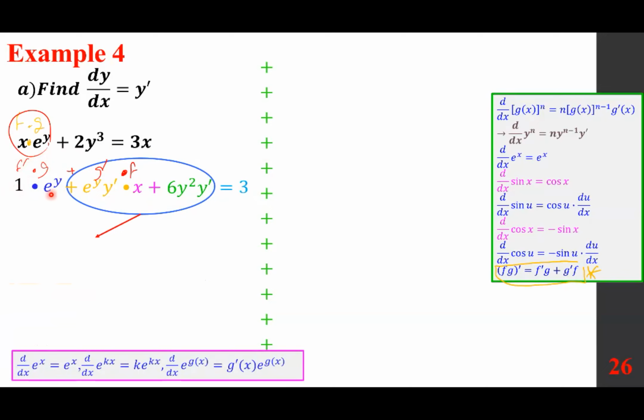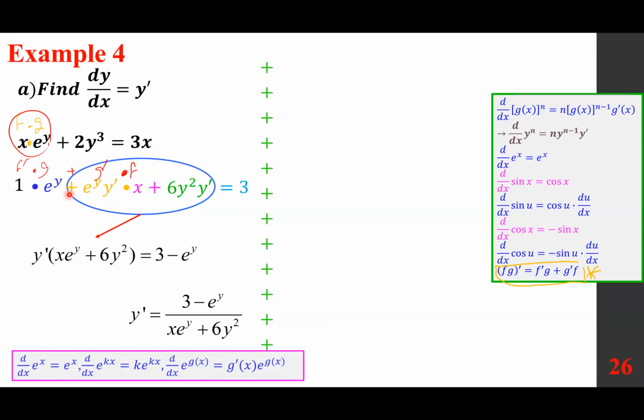This is 1 times e to the power of y, or simply e to the power of y, and that becomes negative. So this moves and becomes minus e to the power of y, okay? All you have to do, divide by the parentheses, and you're done. So again, look at the calculus step and look at the rest of it, algebra.